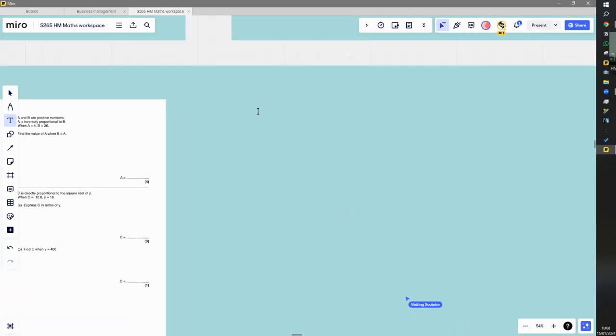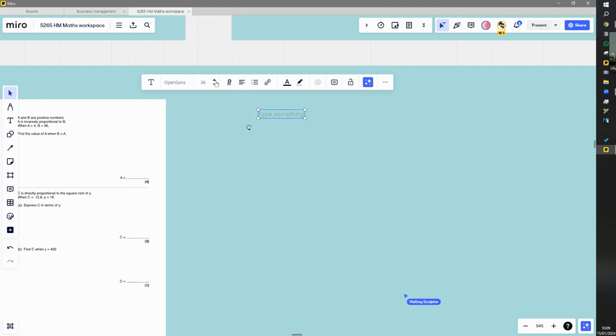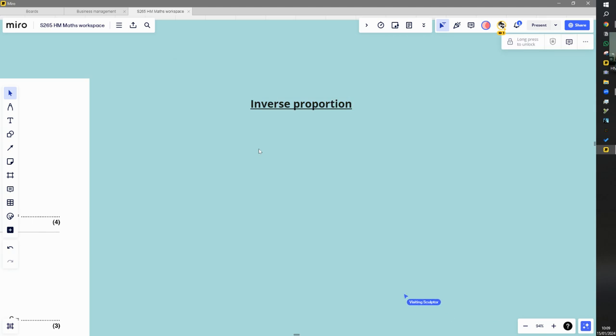So we'll start off with inverse proportion. The fact that inverse proportion has its special name makes it sound somehow special, and it causes people a lot of trouble.